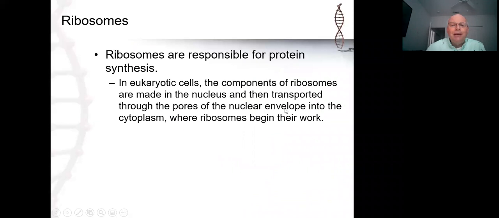Then embedded in the cytoplasm are the ribosomes that are responsible for the assembly of polypeptides. They take the information of a messenger RNA molecule, and we'll talk a little bit more about that as we progress through this section, and use the information in that molecule to assemble amino acids into polypeptides.